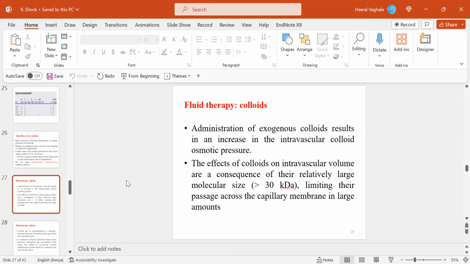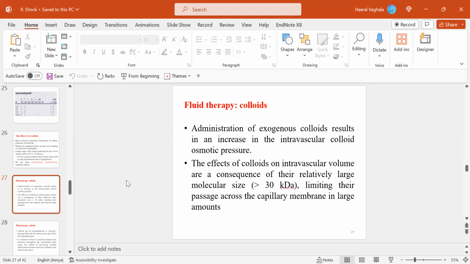Then the second one is colloids, which Fatma talked about, the exogenous colloids. They're very large. They have a large molecular weight, so they'll stay in the blood vessels. They cannot cross the capillary membrane. Because of that, the concentration of your blood plasma is quite high, so with the osmotic effect, it will pull fluid back into the blood vessel, because we saw that one of the problems was third spacing of fluid.